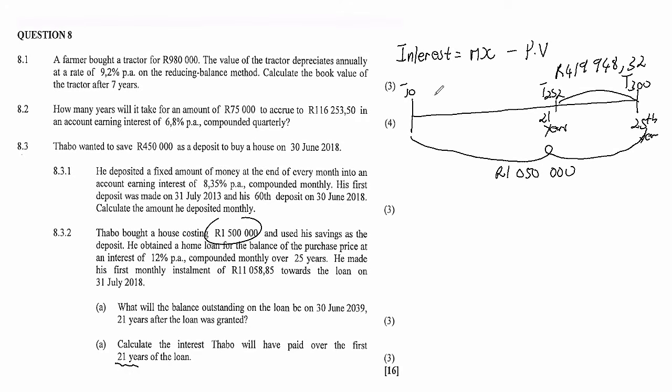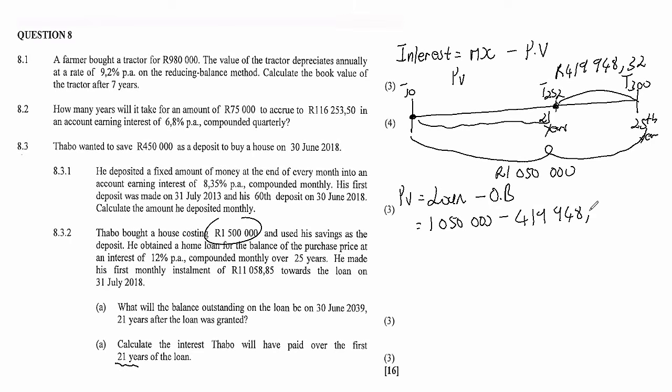Now, in order for us to find our PV, present value here, which indicates the amount that would have been paid in the first 21 years, we only need to say this value minus that value. So remember, to get the present value, that's the loan amount minus the outstanding balance. So we have 1,050,000 minus our outstanding balance of 419,948.32.